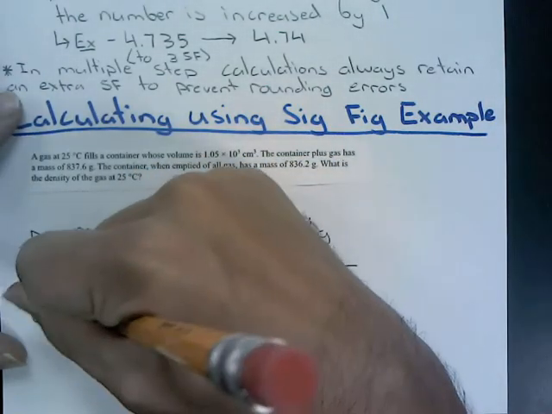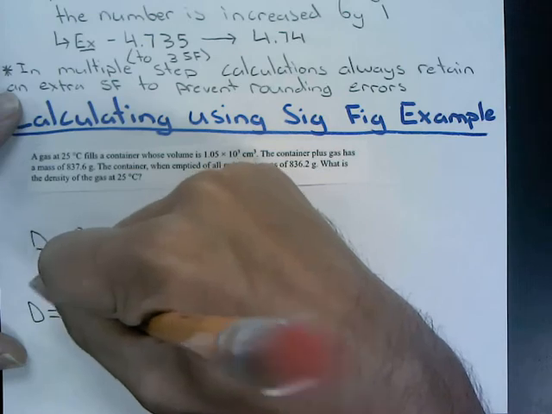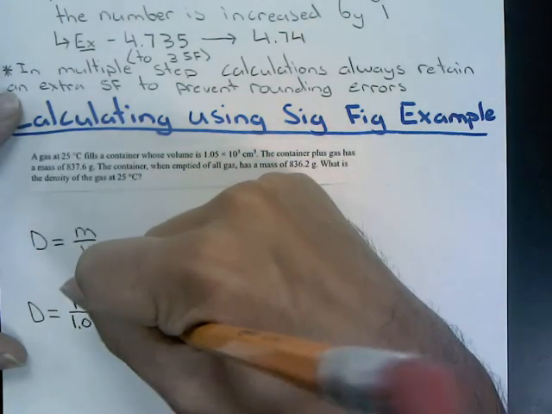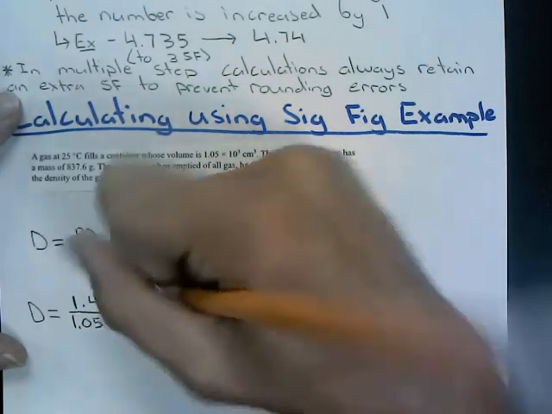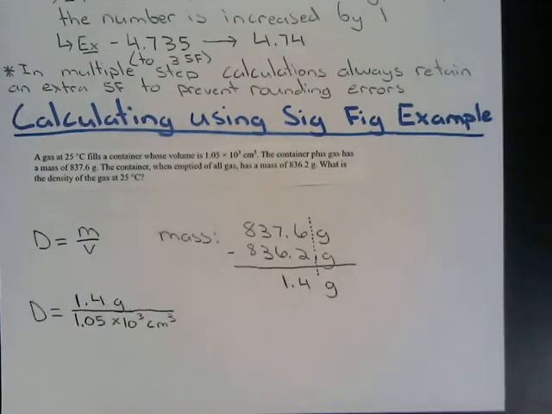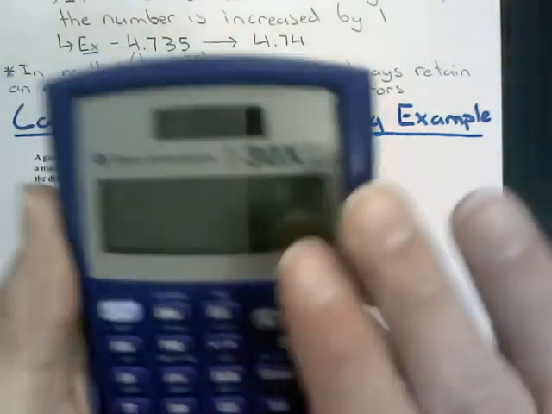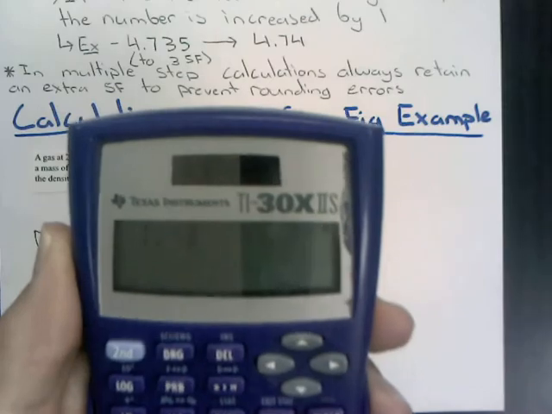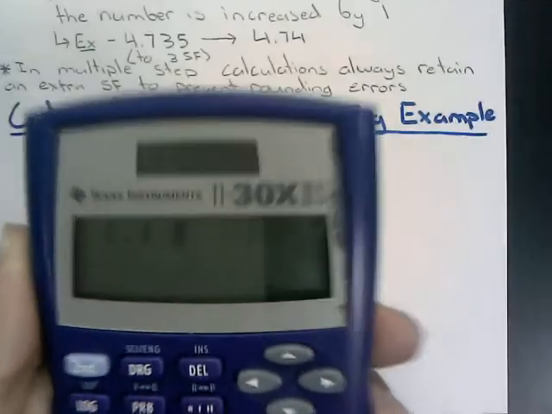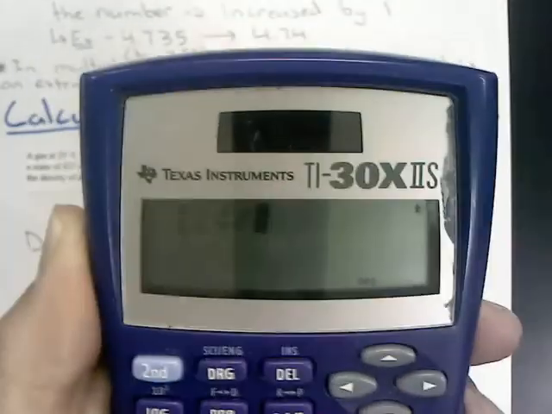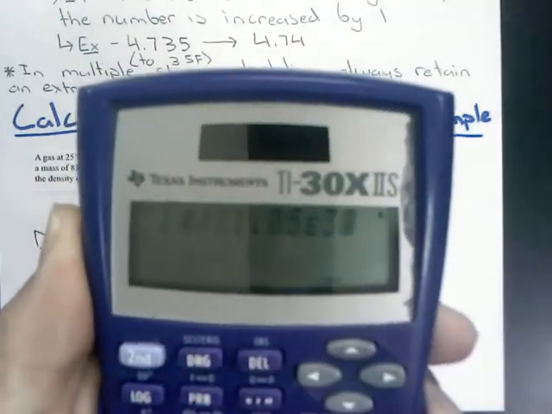And so again, I'm going to take my value 1.4, and I'm going to divide it by 1.05 times 10 to the third.